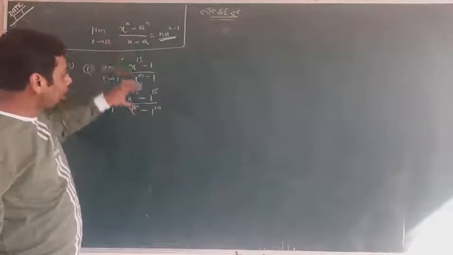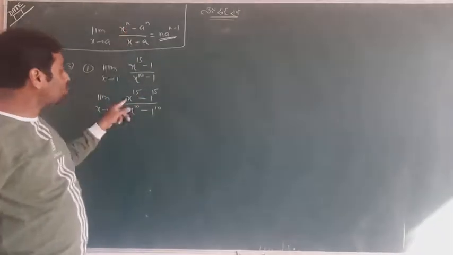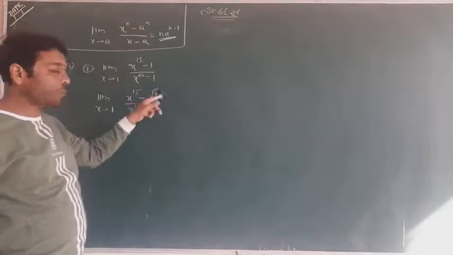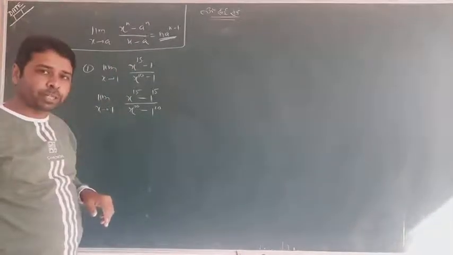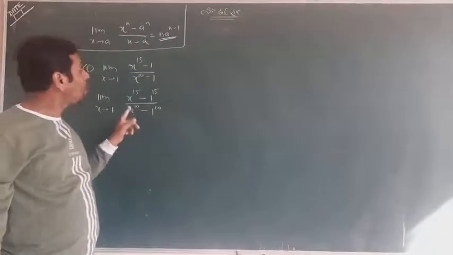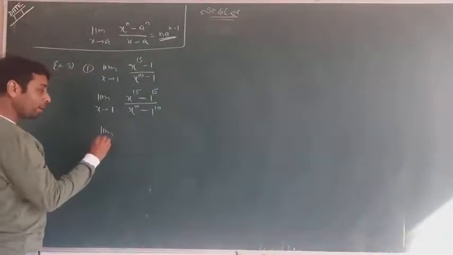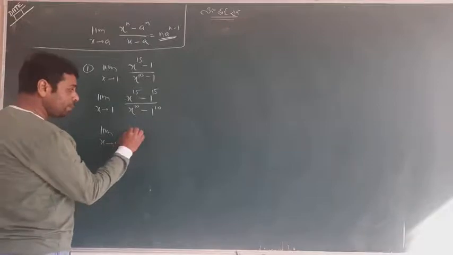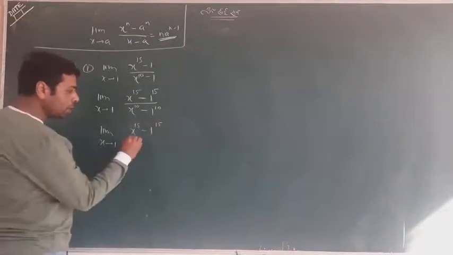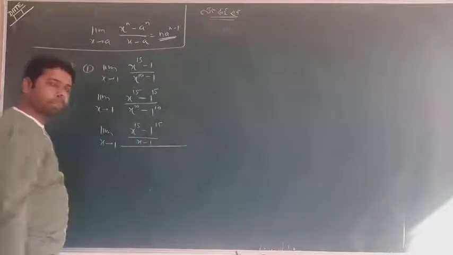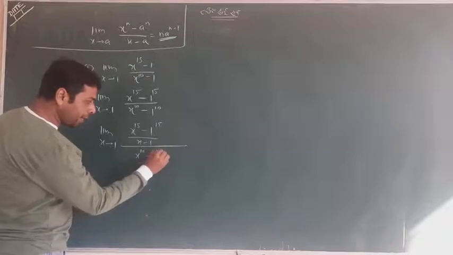Now if you check, some things are getting like x to the power n, x to the power 15, a to the power n, 1 to the power 15. But x minus a should come in the denominator, and it is not looking like that because of the power. So I will use one technique here. I divide the numerator term, x to the power 15 minus 1 to the power 15, by x minus 1, and x to the power 10 minus 1 to the power 10, I also divide by x minus 1.